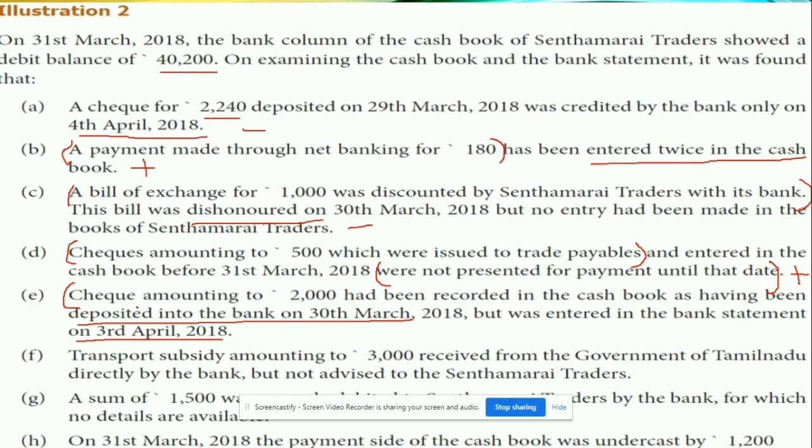Again the date, first 4th April, and here 3rd April. Simple thing, they have deposited a check in the bank, but the money has been credited on 3rd April. So obviously it has to be shown on the lesser column because we have not received the money. That's all.